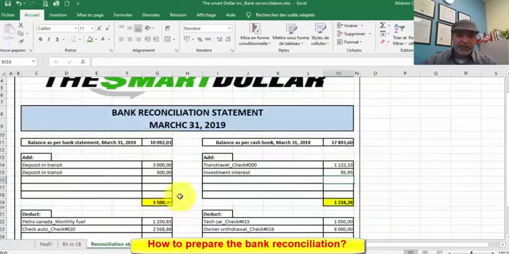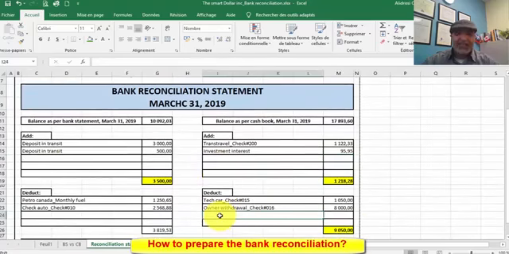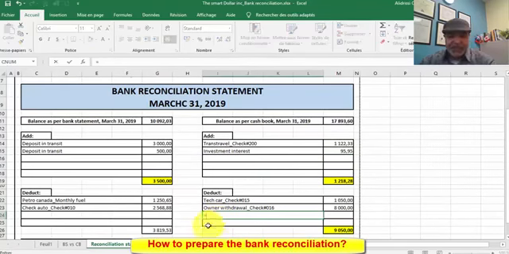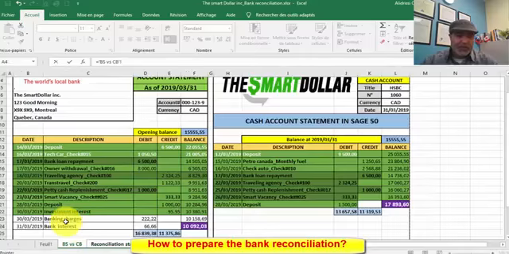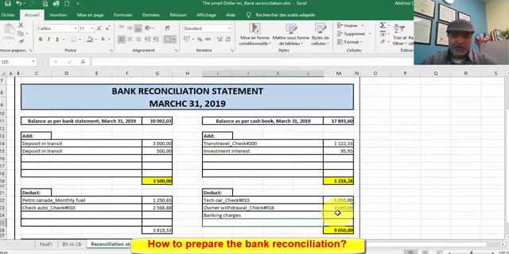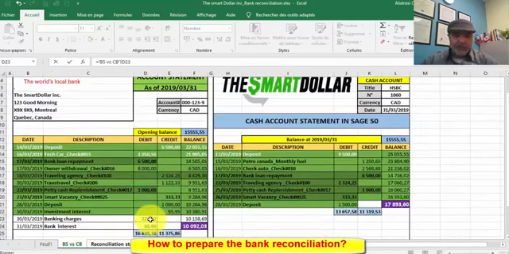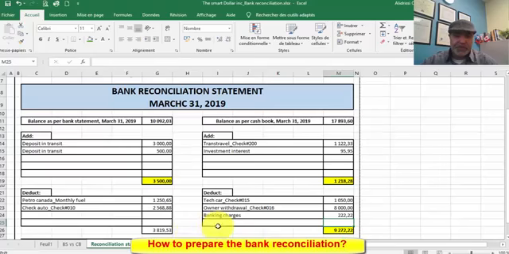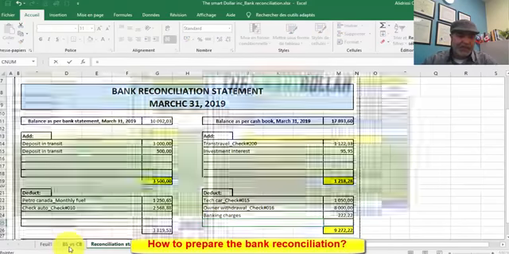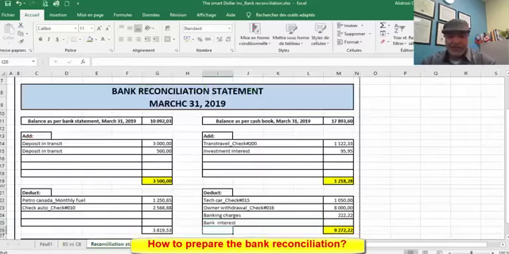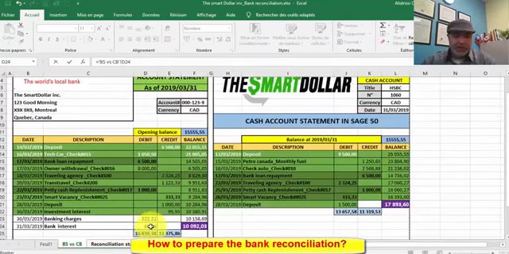Okay, we should deduct from our balance because it's a charge. Okay, it's an expense. Equal bank charges. The amount is $222.22. The second bank fee will be bank interest, and the amount will be this.